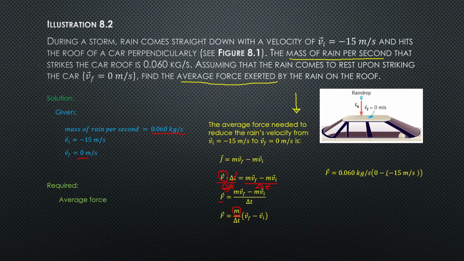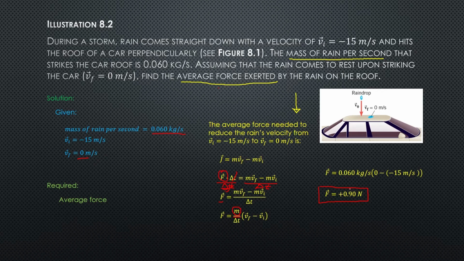Negative of negative becomes positive, so 15 multiplied by 0.06, and the average force will be positive 0.9 newtons.